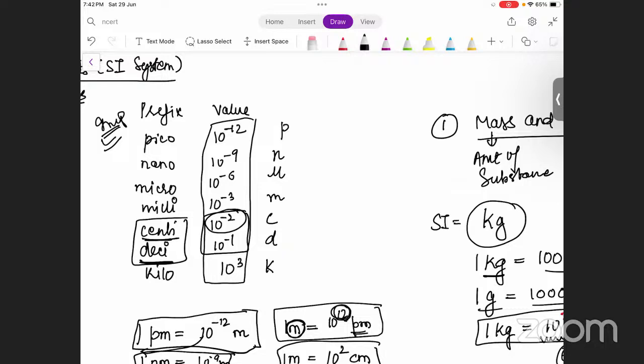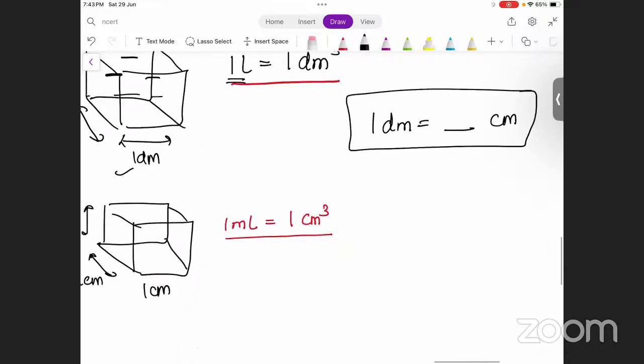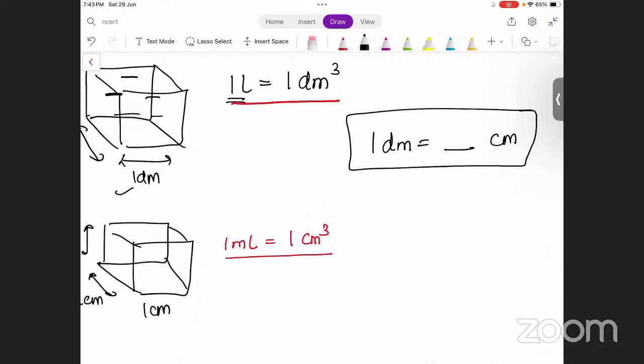You have to develop that skill of interconnecting things. So from here, what we can write is, yes, 1 centimeter is equal to 1 by 10 decimeter. Yes, Bhavna has answered this.